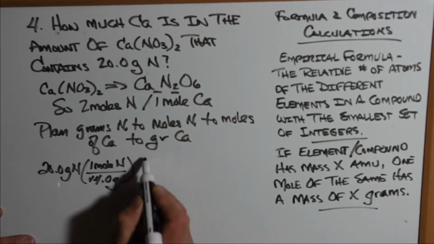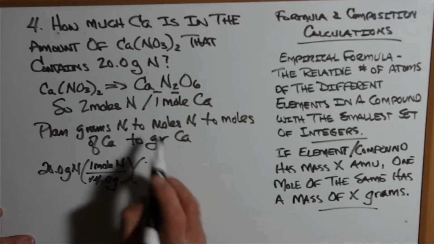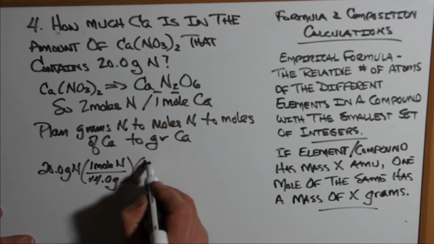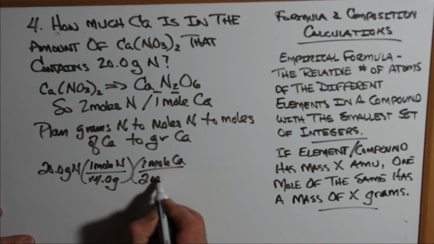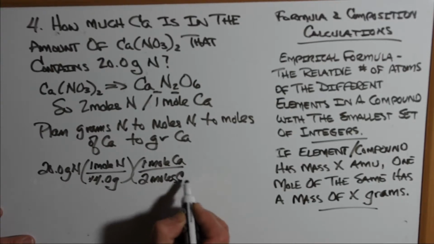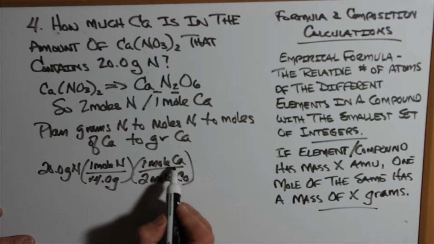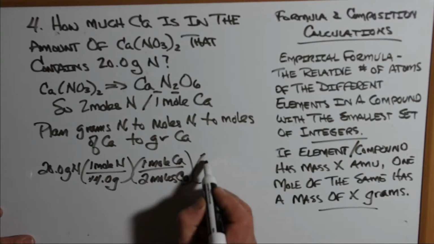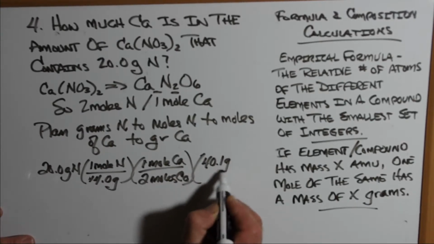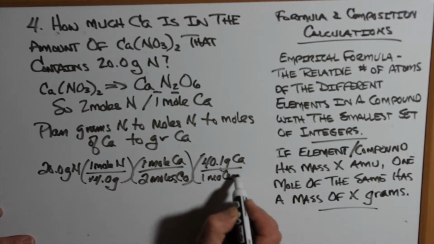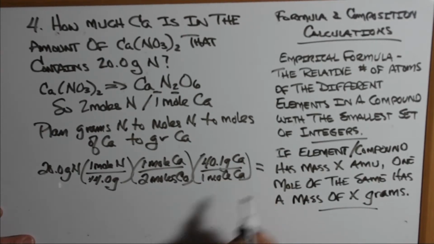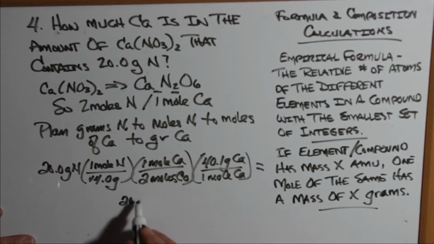So we start off with the 20 grams of nitrogen. We recall that 1 mole of nitrogen has a mass of 14 grams. And from above, we have 1 mole of calcium for every 2 moles of nitrogen. That should be on the bottom. There are 40.1 grams of calcium for every 1 mole of calcium. And so if we multiply all these together, we're going to get an answer in grams of calcium.